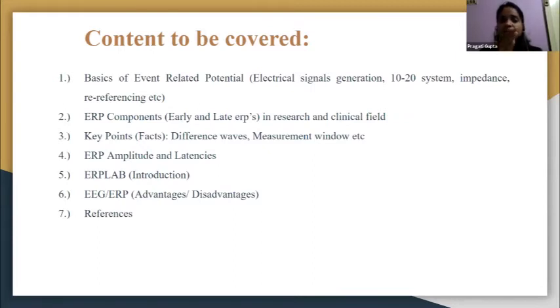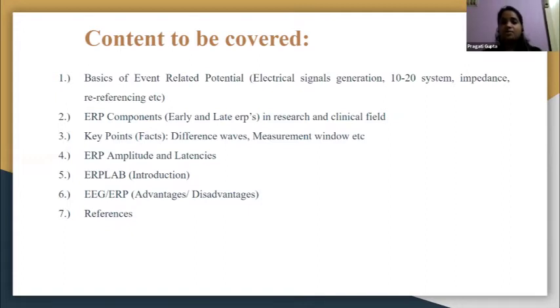We have the key points, as in what are the important facts when we are dealing with ERPs, the difference wave, measurement windows, filtering, pre-processing, etc. What are the ERP amplitudes and latencies present, how they are being studied in terms of statistics. We'll be doing that a little bit. Then we have a short introduction on ERPLAB, and then finally we have advantages and disadvantages.